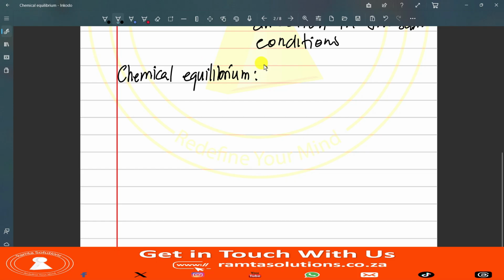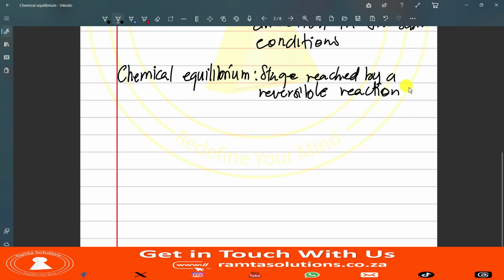Chemical equilibrium is a stage reached by a reversible reaction in a closed container, so a closed system, where the rate of the forward reaction equals the rate of the reverse reaction.